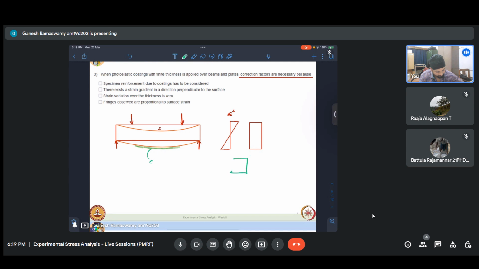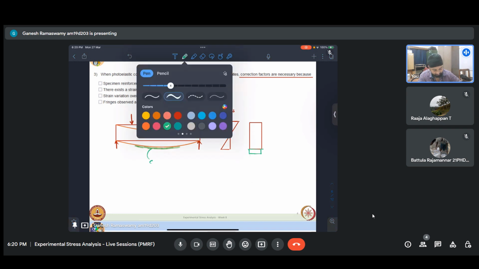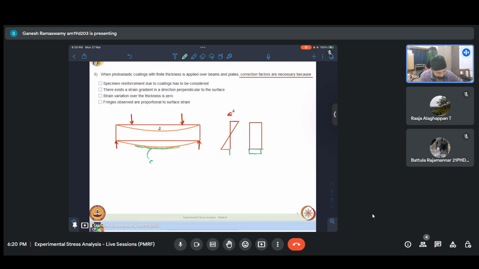Sorry, 1 minute. Yeah, if the coating were like that, and under the assumption that it is bonded properly, my strain would vary inside the coating also.